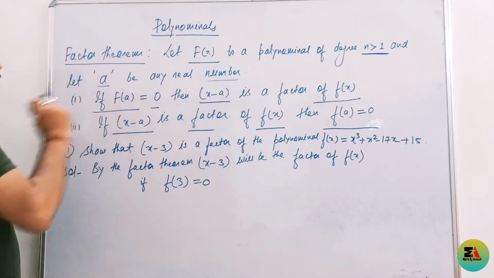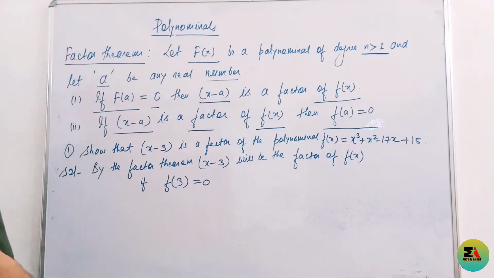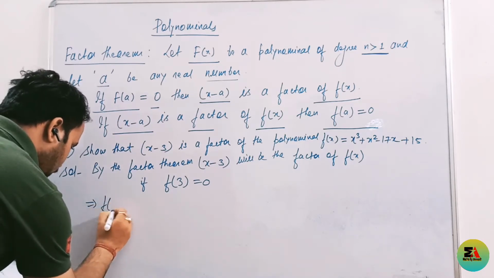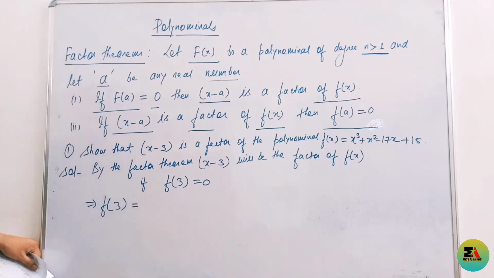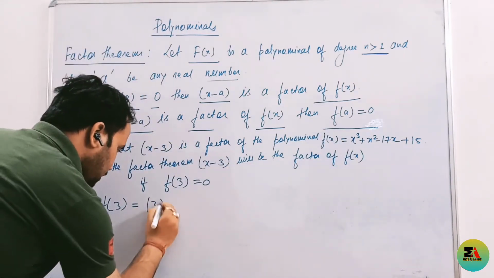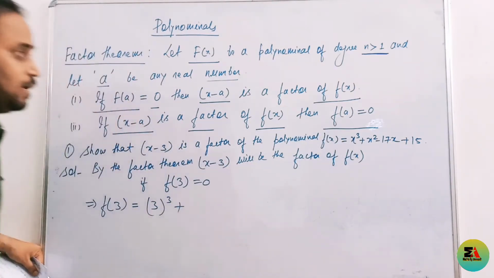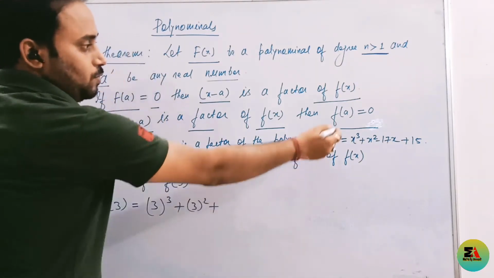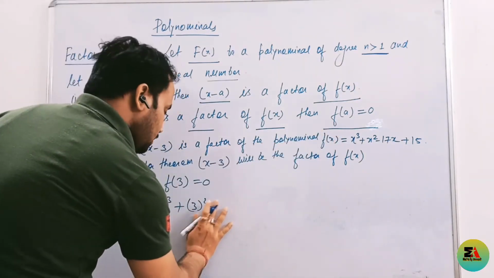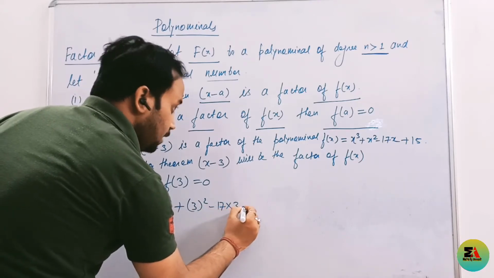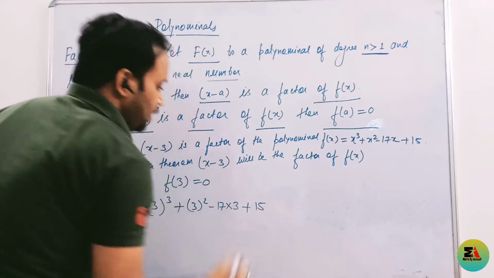Apply the concept first. Now see what we do. We have to calculate f of 3. In place of x, we just substitute 3. This becomes 3 cube plus 3 square, because we have x square, minus 17 times 3 plus 15.